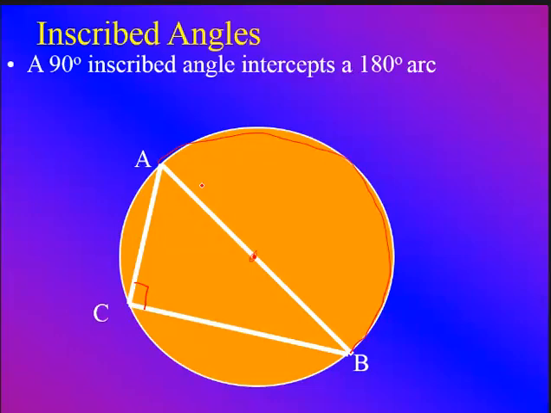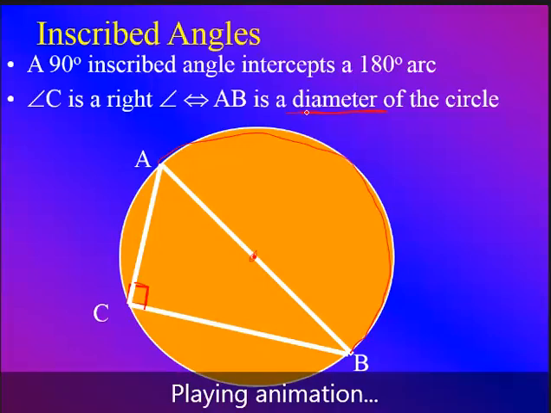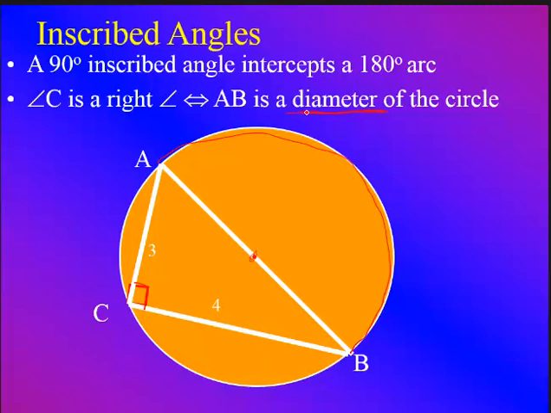A 90-degree inscribed angle intercepts the 180-degree arc. So angle C is a right angle if and only if AB is a diameter. Keyword there, diameter. Okay, so if we didn't give you this right angle box, you should still know it.